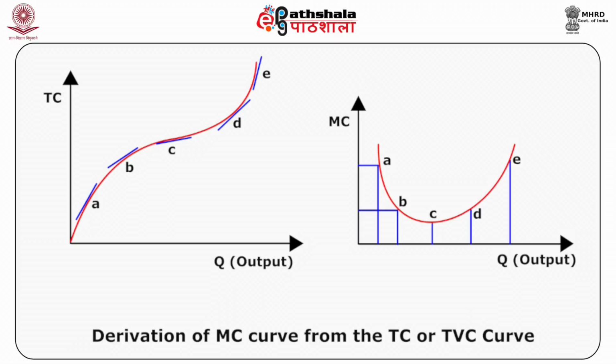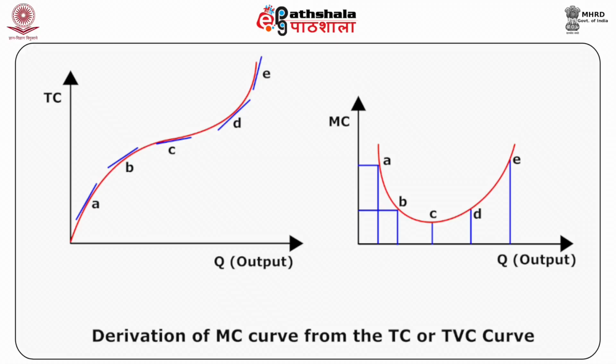So similarly over here, C is the minimum point of the marginal cost curve, and at this point the slope of the marginal cost curve is 0. That means there is no further decline in the marginal cost.